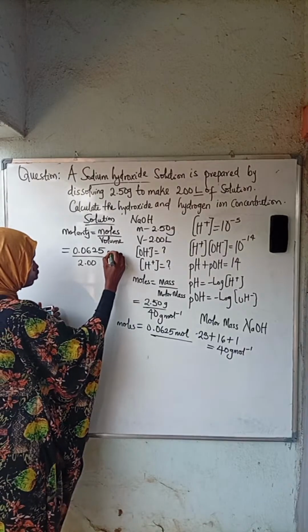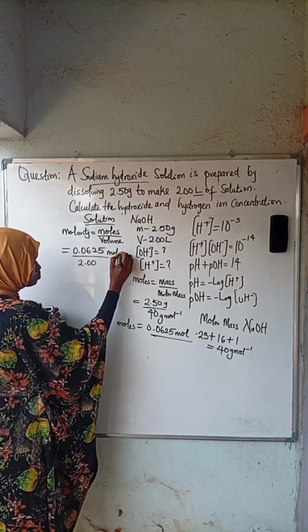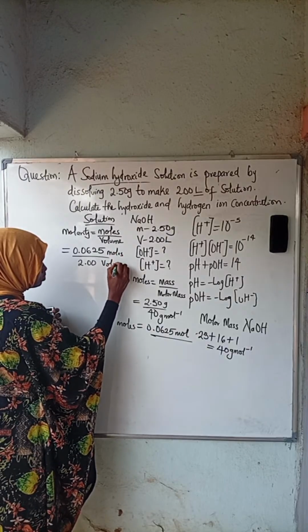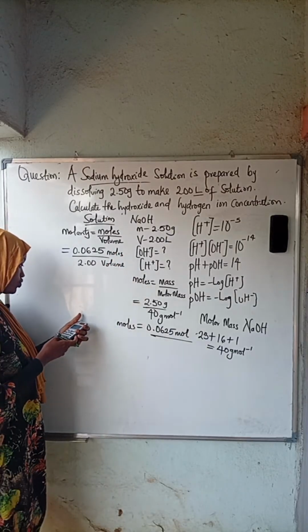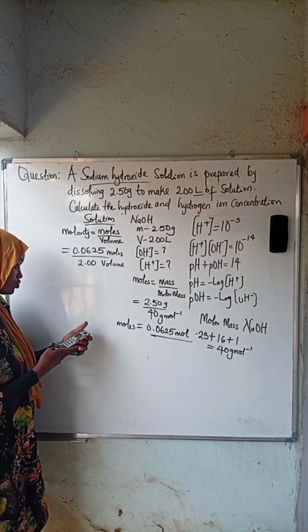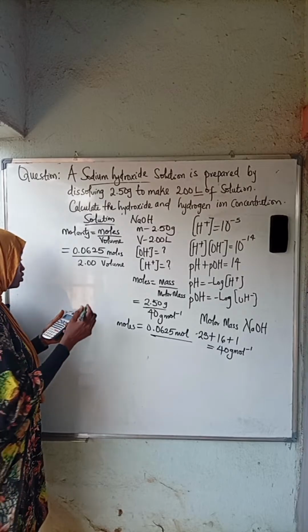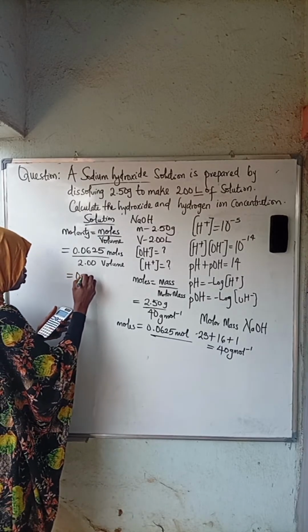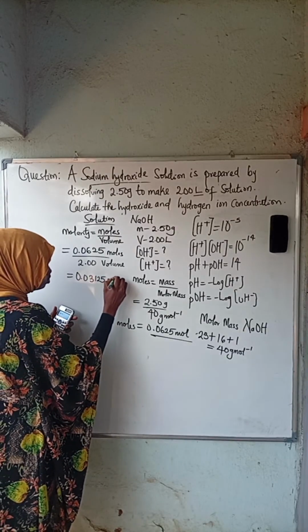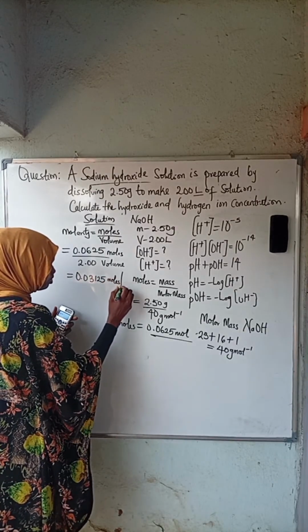So this one is in moles, while this is volume, right? So let's divide 0.0625 by 2.00. So punching our calculator, the molarity gave us a value of 0.03125.